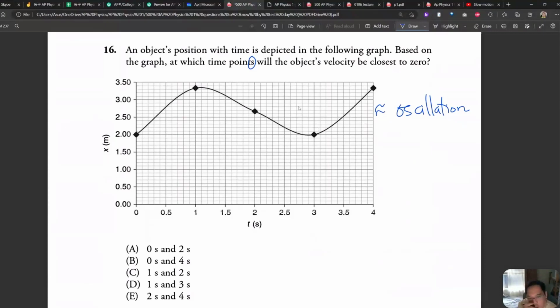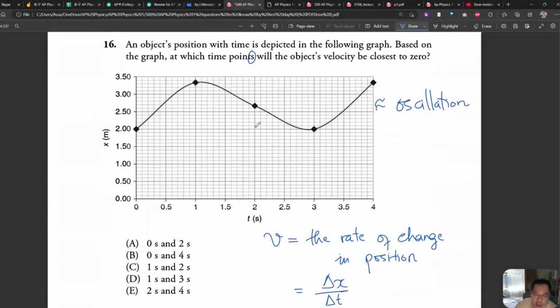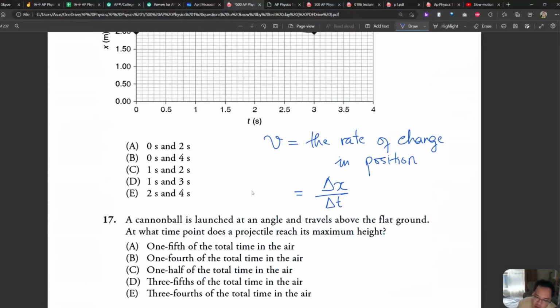Yes, oscillation. The velocity will be 0 at the top and the bottom of this position graph, because velocity is determined by the rate of change in position. It means delta x, the position change, over delta t, and for instantaneous velocity, you need to take the time to be very close to 0.